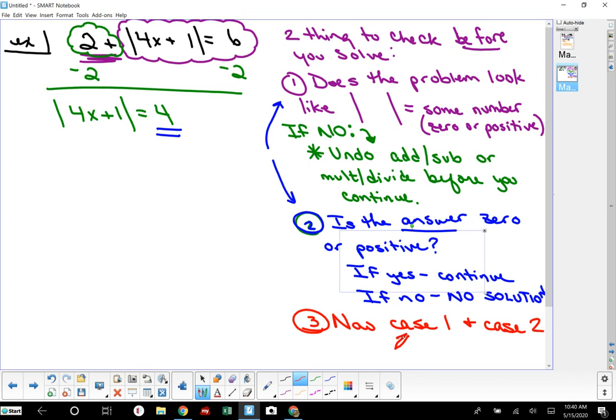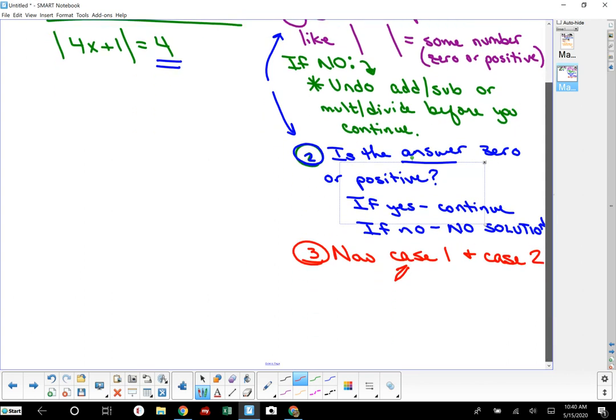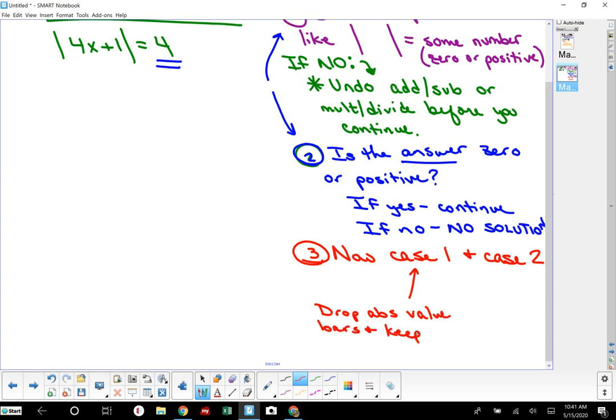Let's lay this out a little bit more clearly. Case 1 is where you're going to drop your absolute value bars and keep the answer positive.